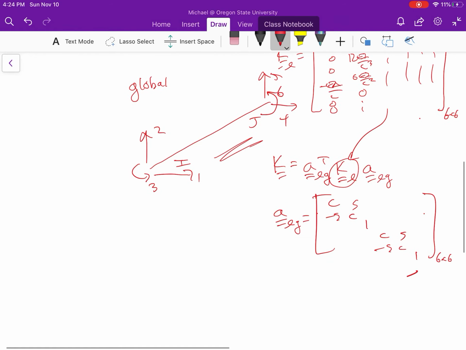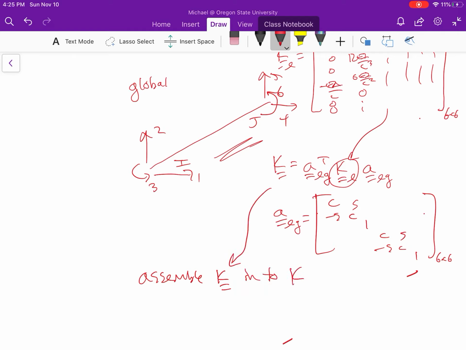Once we get the stiffness into the global degrees of freedom, we just assemble K, what we had up here, into KFF using the lookup vector for this element, which you get from the global equation numbers.